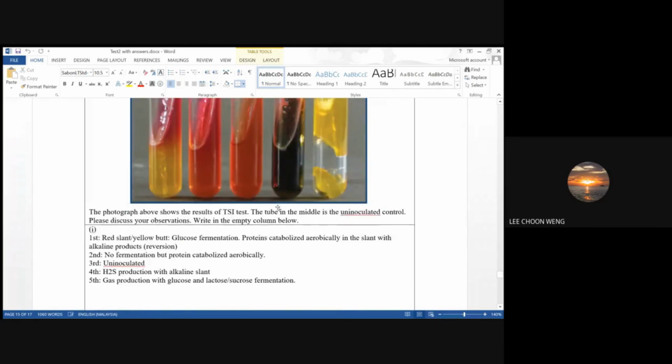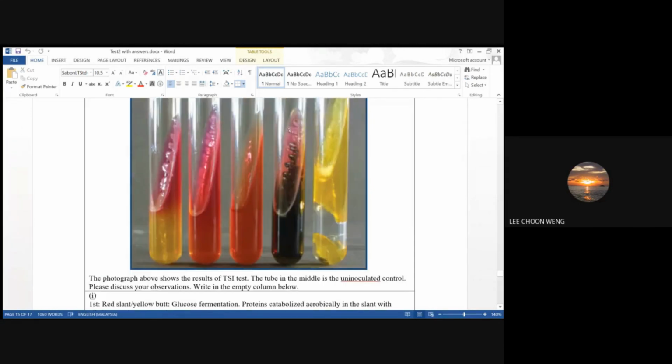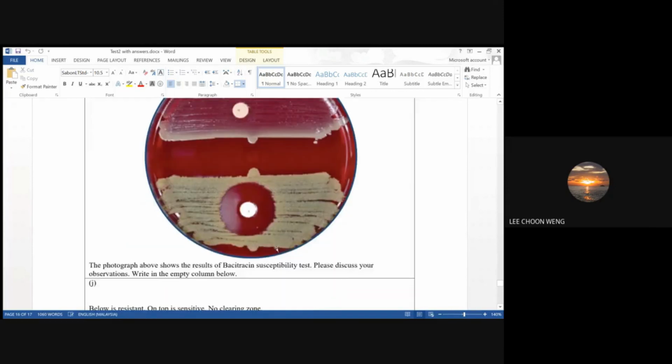You can also see that there is an alkaline slant because it's reddish here, right? Here, all the sugars are utilized, very yellow, and a lot of gas formation. That's why it broke.